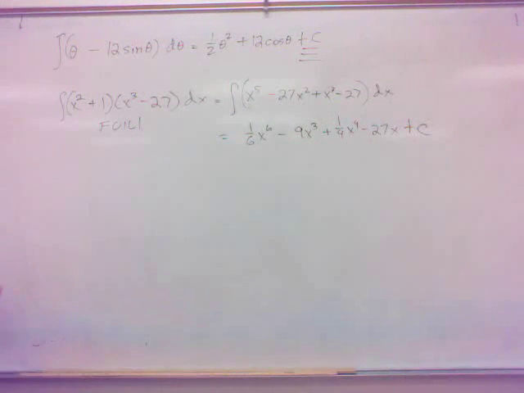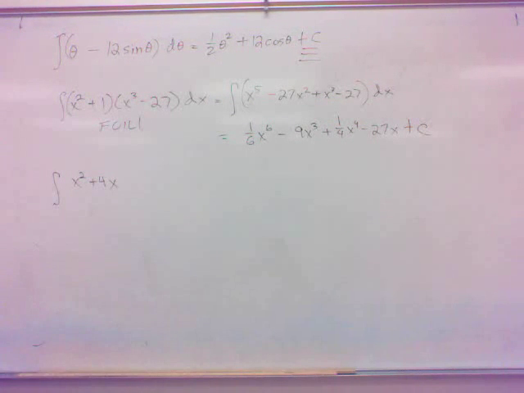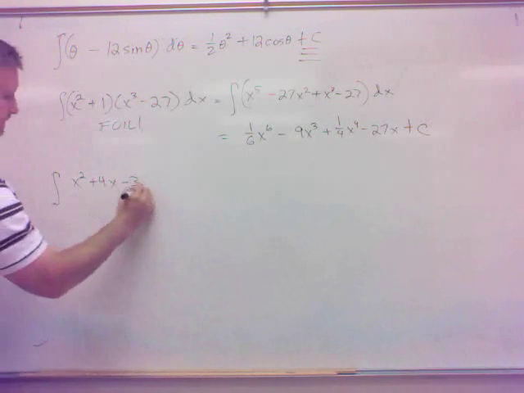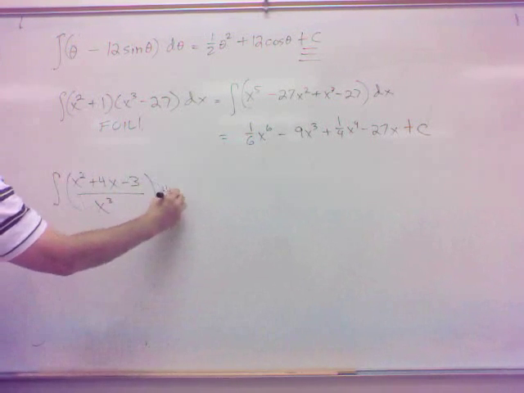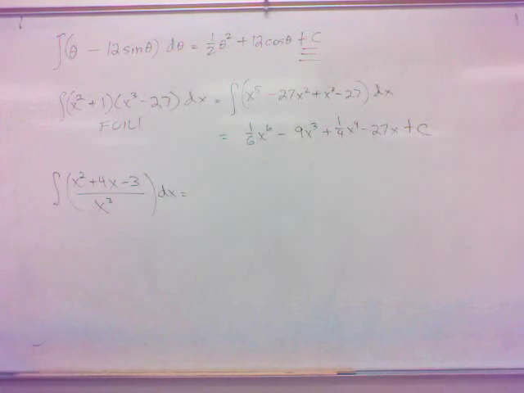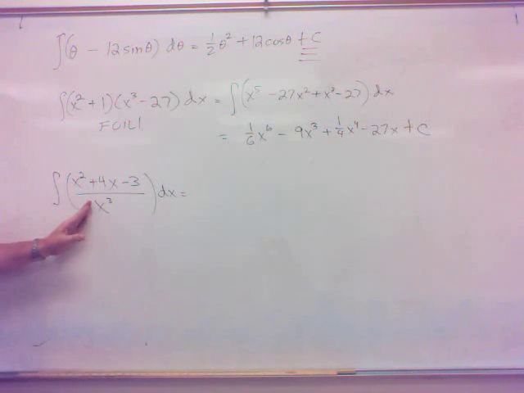What about this one? Integral of x squared plus 4x minus 3 over x cubed. Same thing goes for division. If you can actually divide this out, usually that's a good way to go.